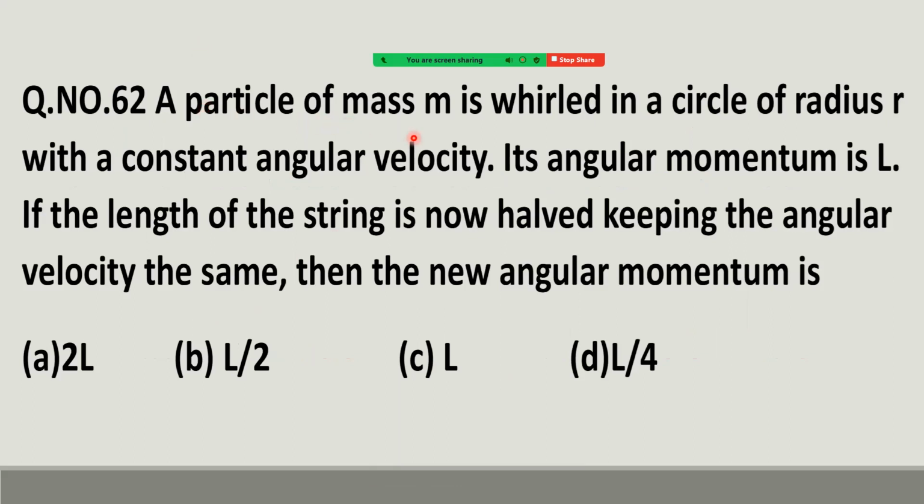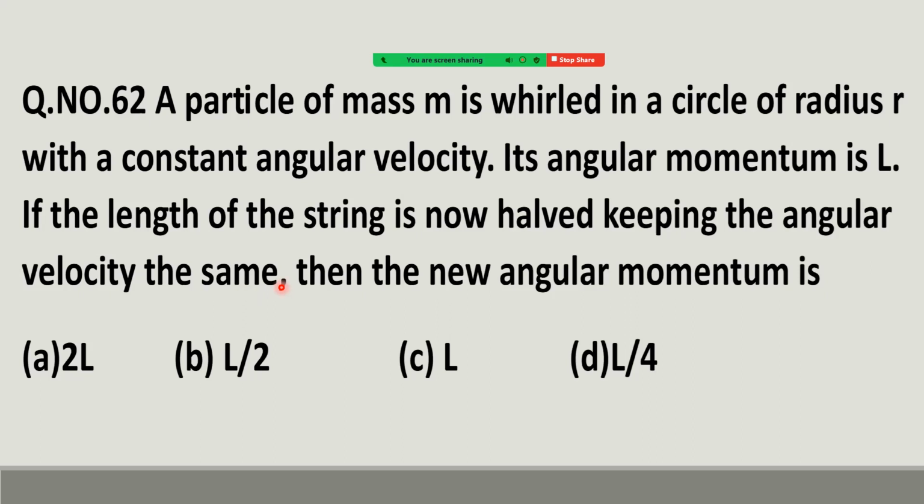A particle of mass m is whirled in a circle of radius r with a constant angular velocity. Its angular momentum is L. If the length of the string is now becoming half, keeping angular velocity the same, the condition is omega does not change.